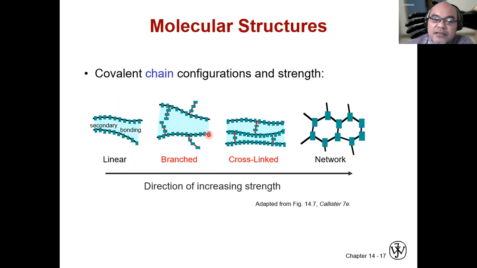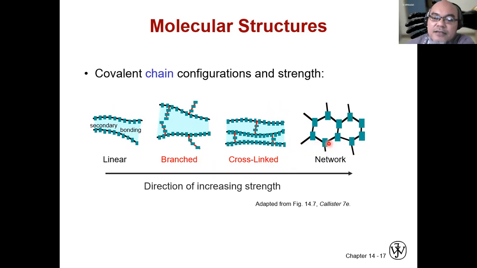The chain does not only, for example, stay one single chain, but it may branch on some of the molecules, making another shorter chain. Or the structure may become cross-linked. This is when one chain of polymer is bonded to another chain of polymer through a monomer also. Like this. Of course, the structure then will be stronger compared to the other two here.